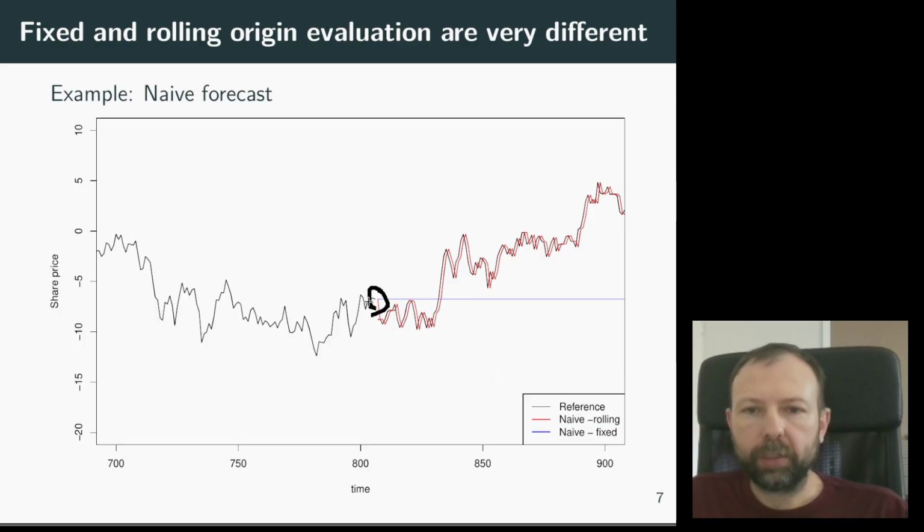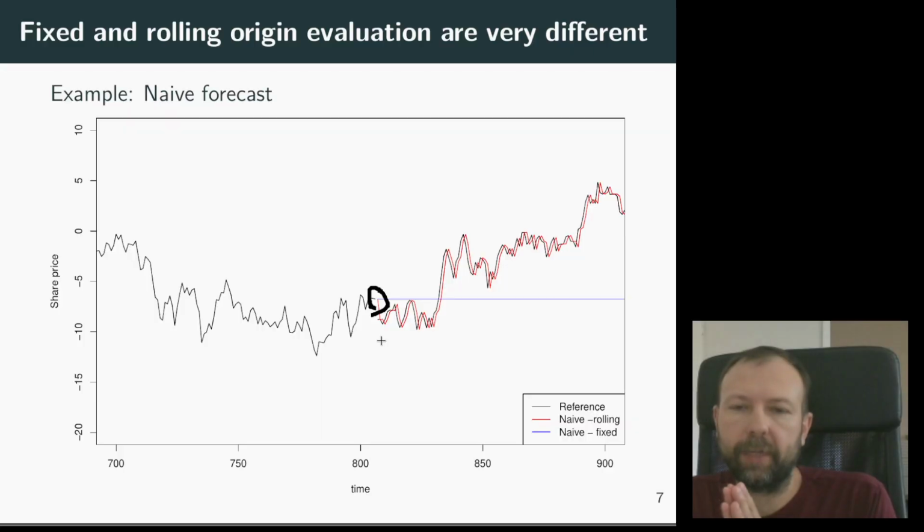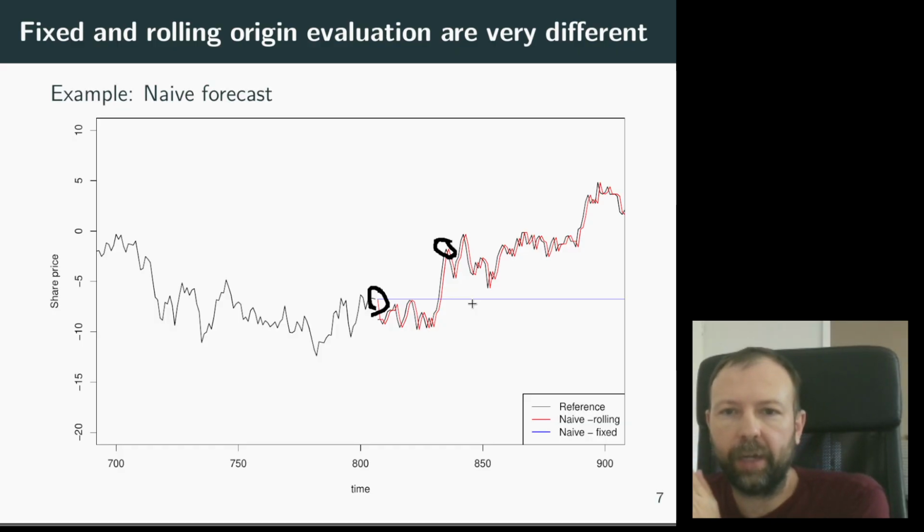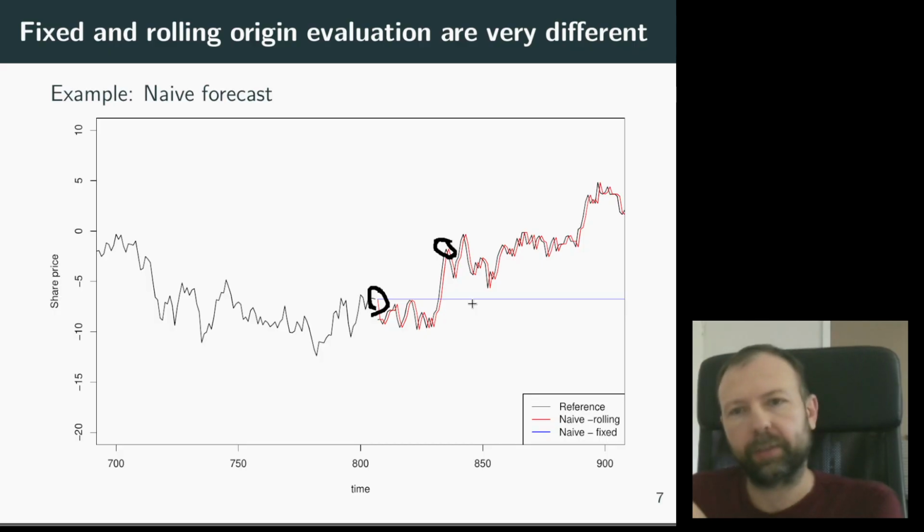But in the rolling origin, we update every time we use the last observation. And what that does in the plot is that the forecast just shows as a shifted version. So basically, if you look at this one up here, for example, the naive forecast at this time is obviously exactly the known observation, so it's just the signal shifted.